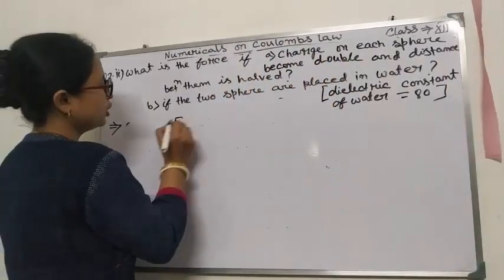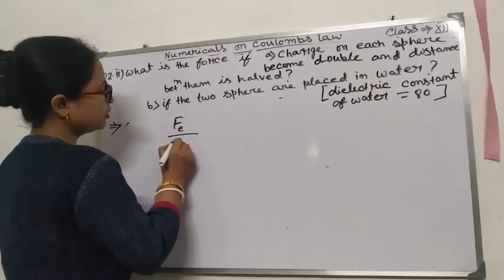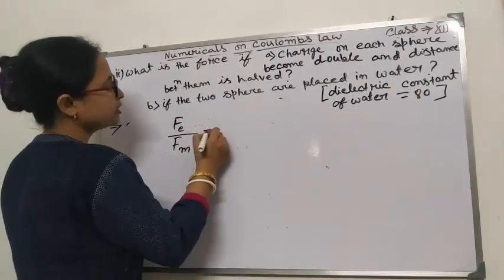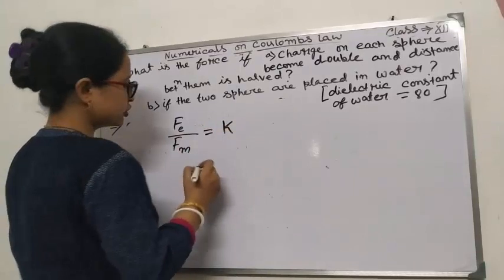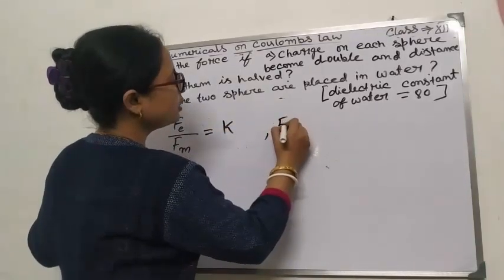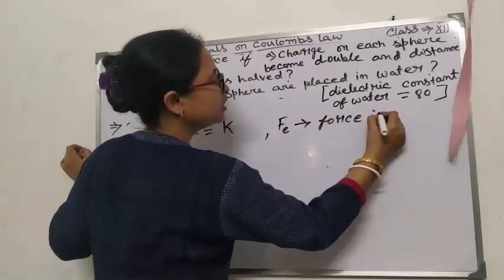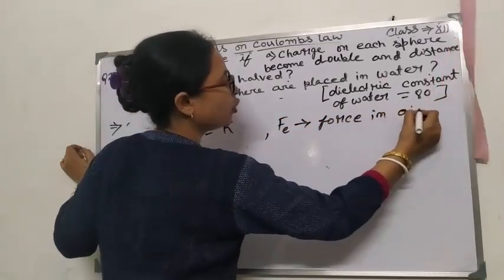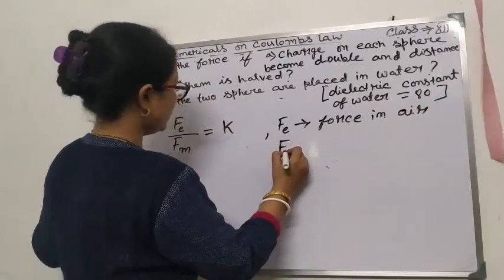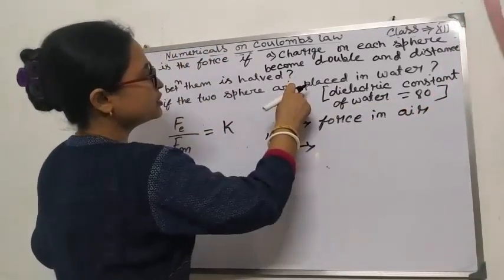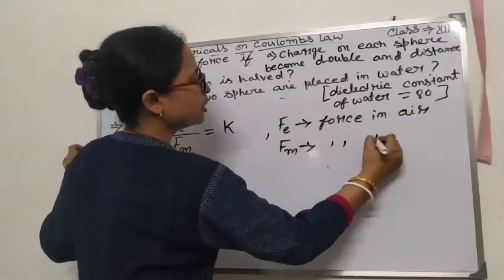We know that force in air divided by force in medium is equal to the dielectric constant. Here Fe means force in air or vacuum, and Fm means force in the medium, here water.